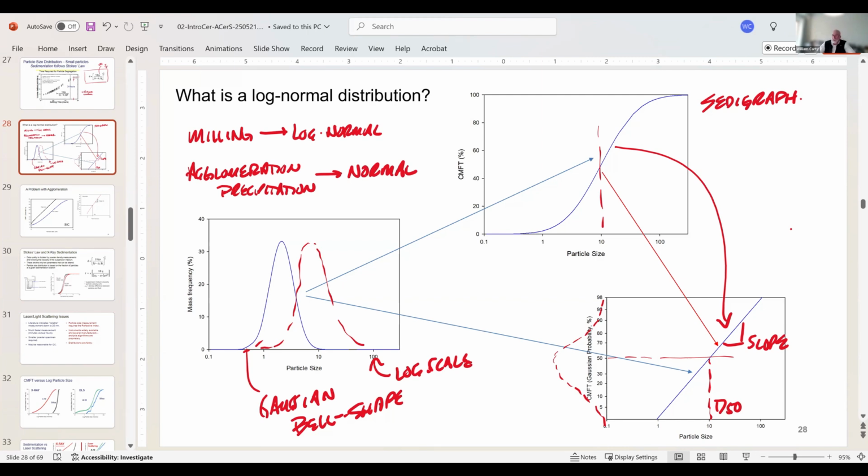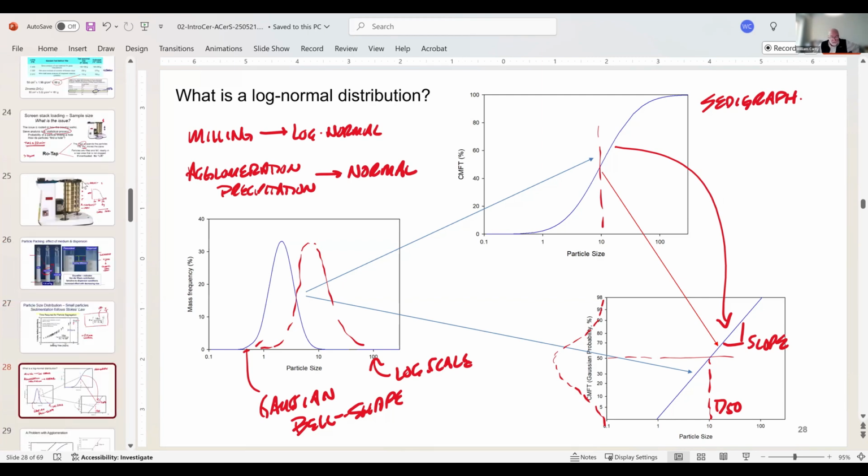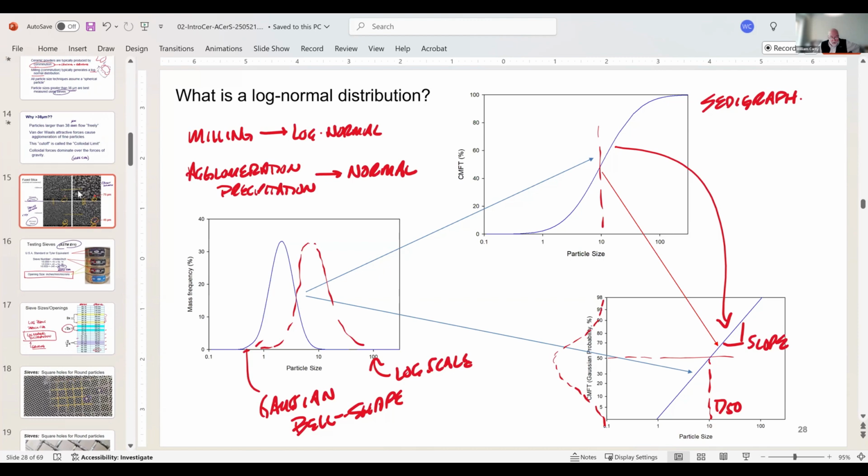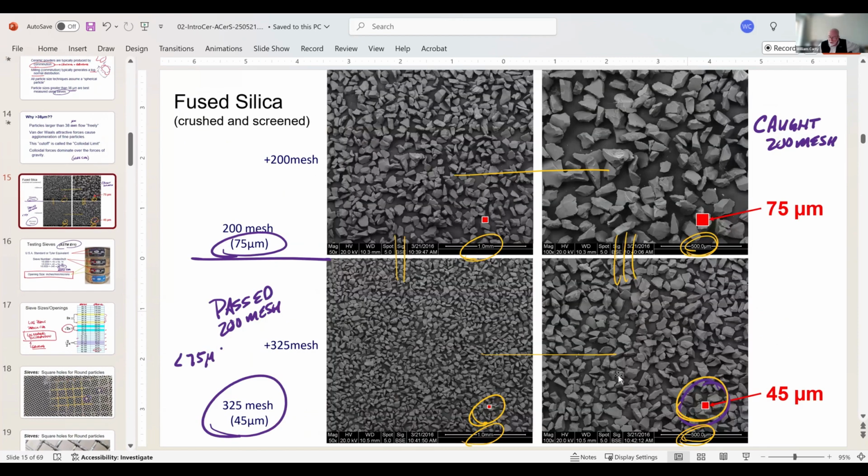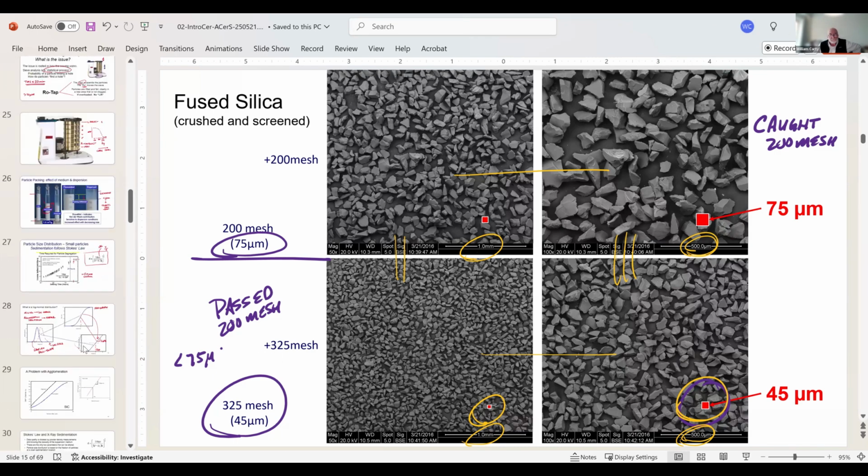Well, if we go back to this slide for a second, okay, you might argue in this slide that all of these particles are the same size. That would be normal. You would argue that's a normal distribution. The fact is that when I look at actual powders, they're not all the same size. And I have boulders and I have fine particles in the same field of view. That would be log normal.